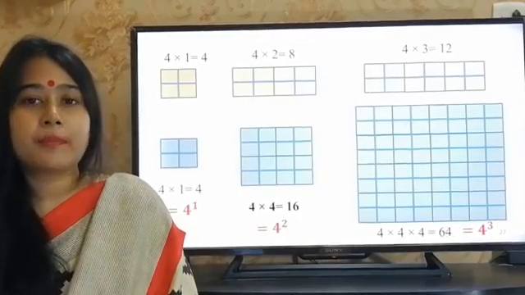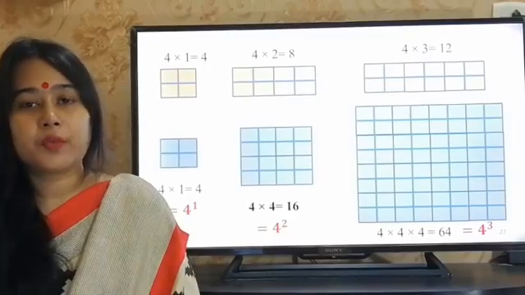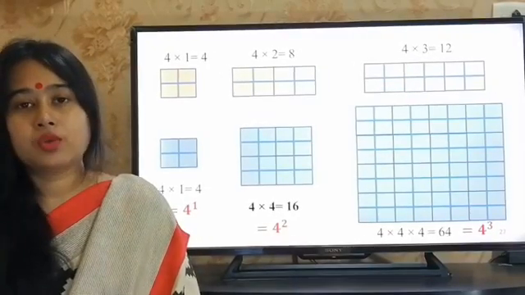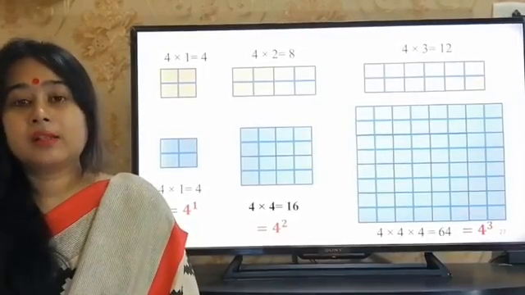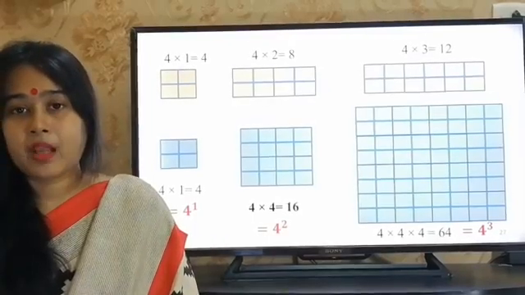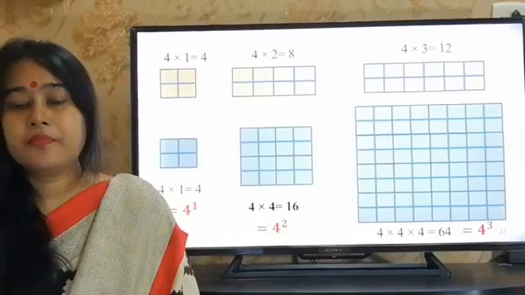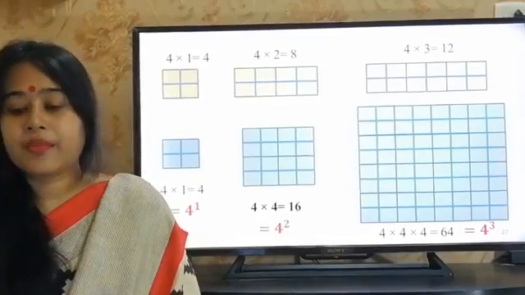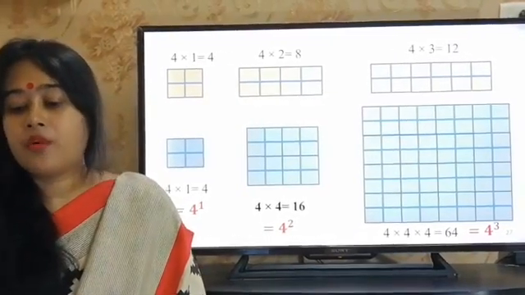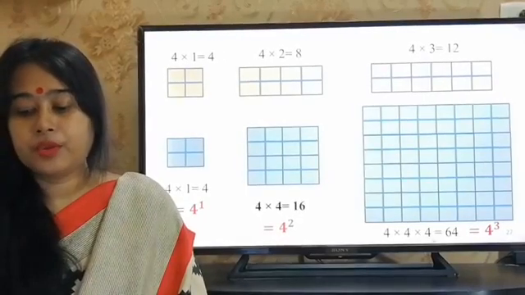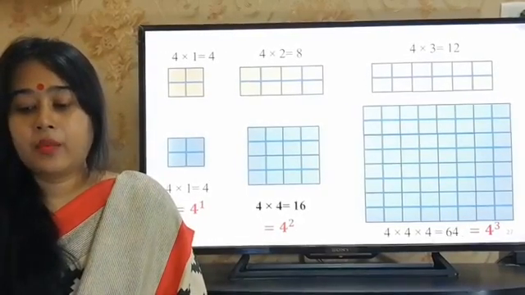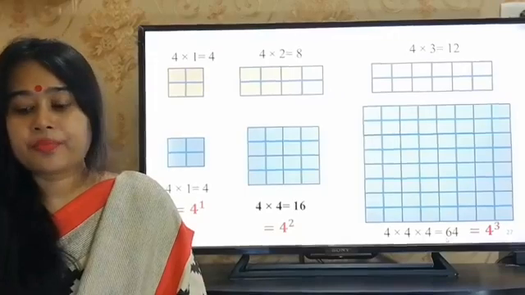That means 4 is the base and 2 is the exponent or power or index. And here you can see 16 boxes for 4 to the power 2. How many boxes over there? There are 16 boxes.